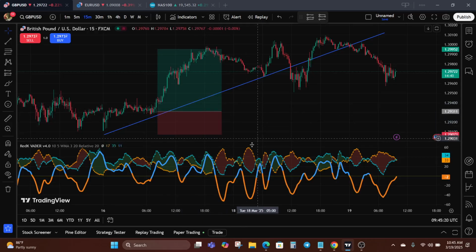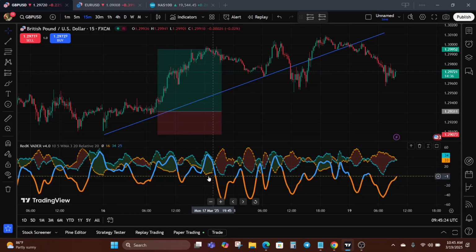Okay, so now talking about this aspect of the indicator, your main focus should be on this line, this particular line that changes from orange to blue, moving from the negative to the positive. That should be your main focus.